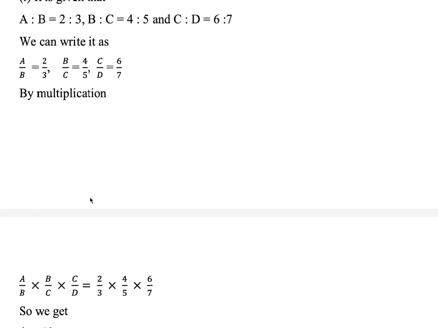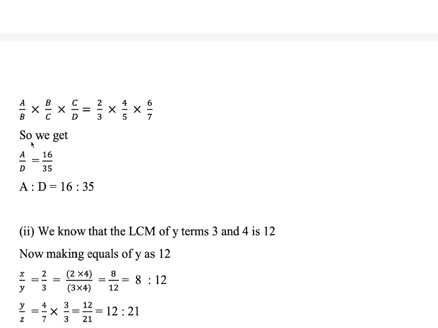After that I will just multiply. So A by B into B by C, okay, into C by D. See, B and C will be struck off. Ultimately what remains is A by D, and it will be coming 16 by 35.